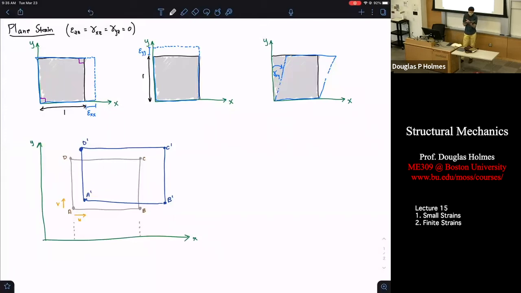So we'll say this is a distance delta x, and this is a distance delta y.